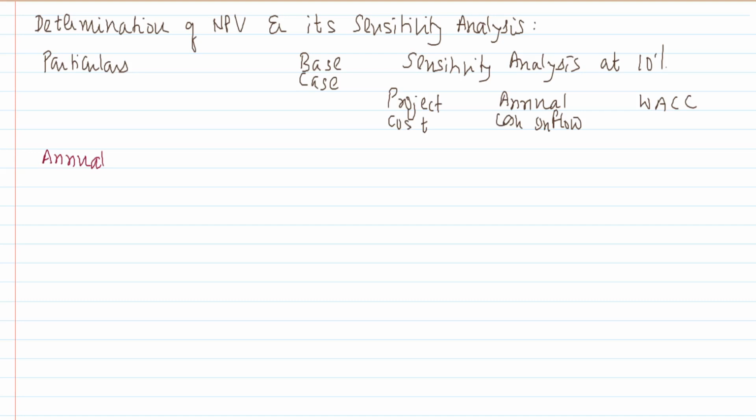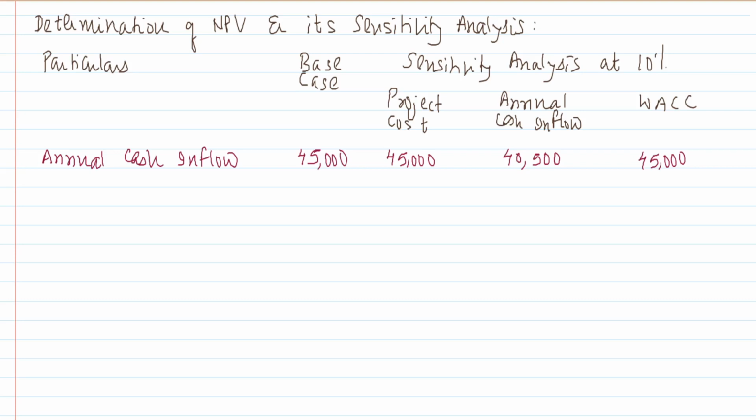Annual cash inflow: we know the basic figure is 45,000. Remember, sensitivity analysis means considering one factor at a time. Here I will change only the project cost, so annual cash inflow will remain as it is. But here I will take the adverse figure that we had calculated earlier. For WACC, it is again 45,000. Just change one factor at a time.